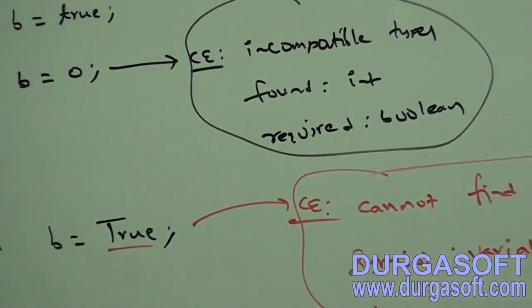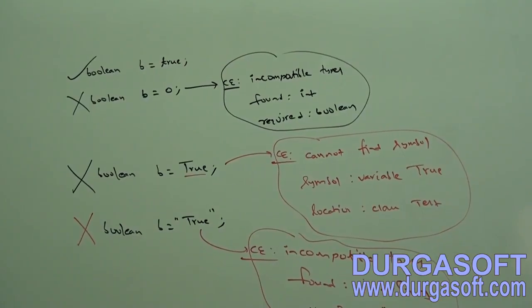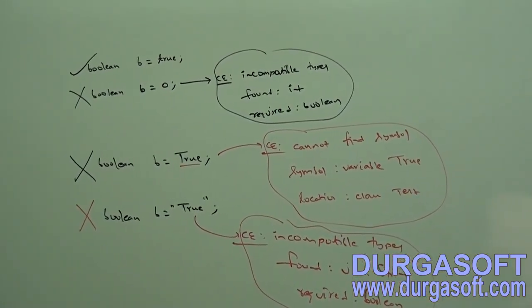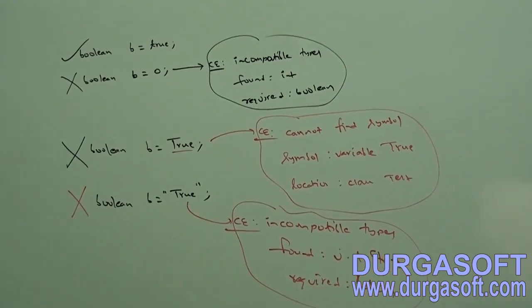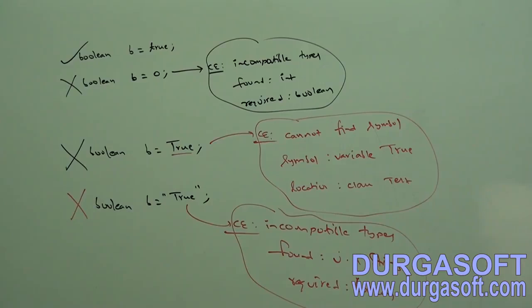Take clearly. First one, boolean b = true, valid. Next, boolean b = 0: incompatible types, found int, required boolean.